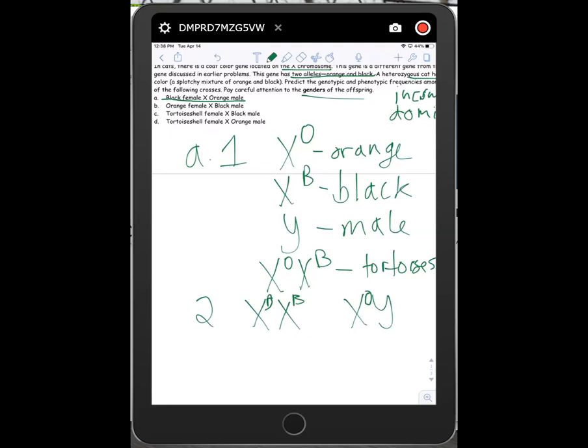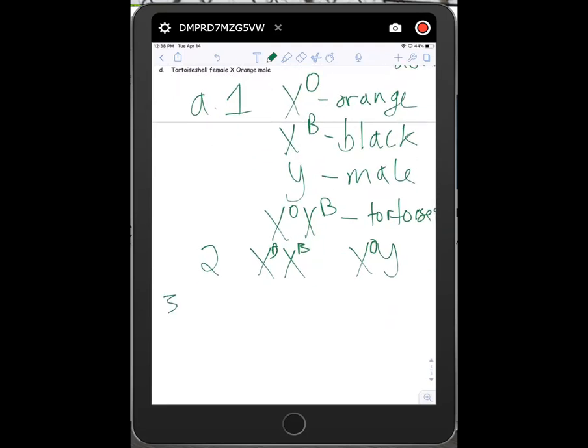Okay. Step 3 and 4 is figure out the gametes and do the cross. So you can make your Punnett square down here. Doesn't matter if you put mom or dad on which side or the top, you get the same result. Just make sure you always have the X's before the Y's.